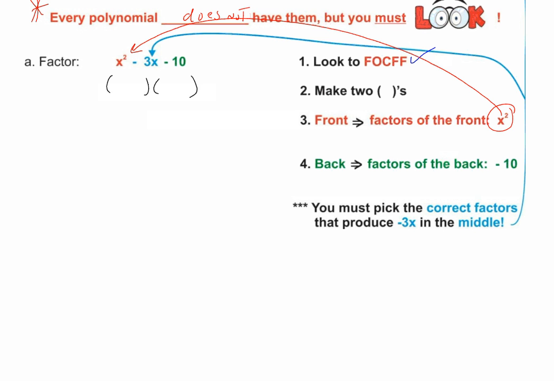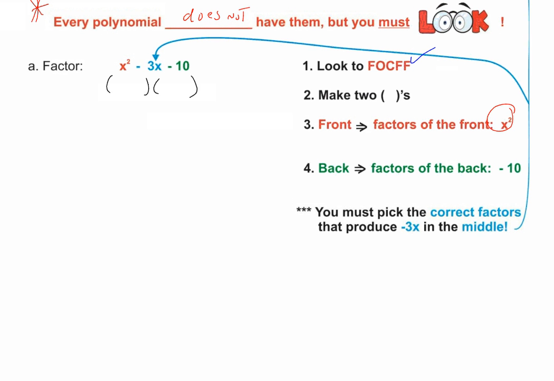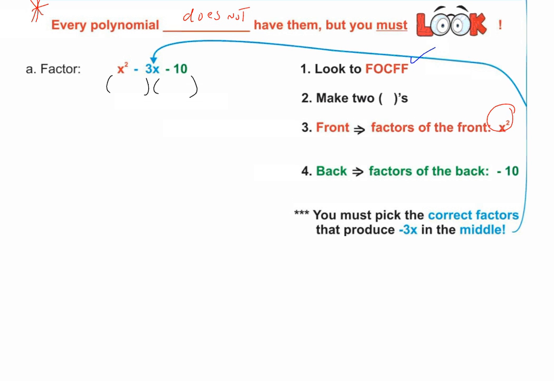So our front numbers have to be factors of x squared. You have two choices. You have x squared times 1 or x times x. You'll find that almost always it is x times x. Now, as we go further and further in our factoring, we'll get to the point where the front will have some other possibilities. But an x squared is going to be an x times x. And so you put that in the front. Red x in the front of the left, red x in the front of the right.